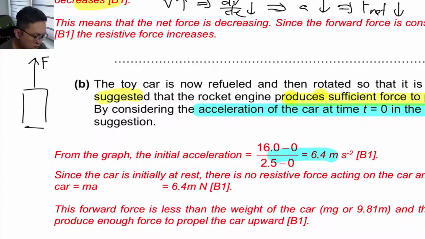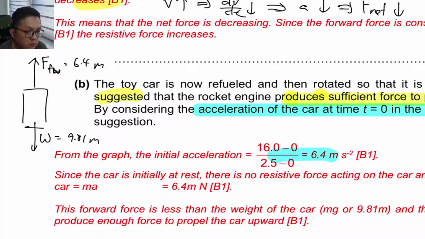So this is F forward, and this F forward is equal to 6.4 multiplied by the mass of the car, whichever mass it is, you don't know. Then you have your weight, and weight is equal to 9.81 times m.